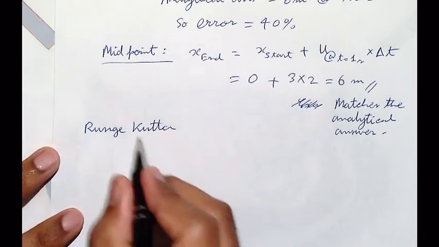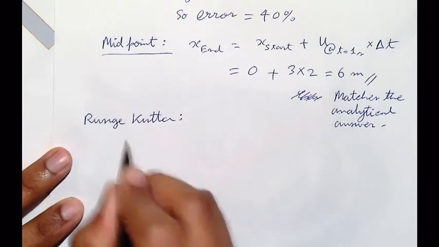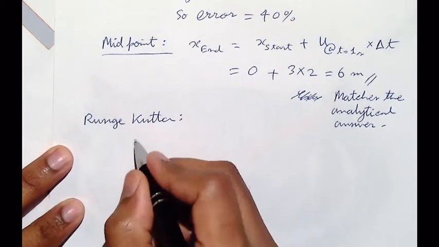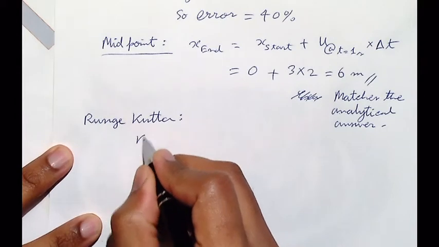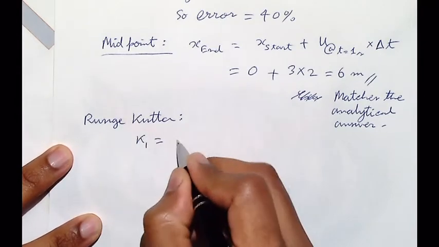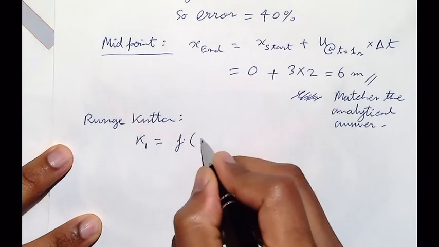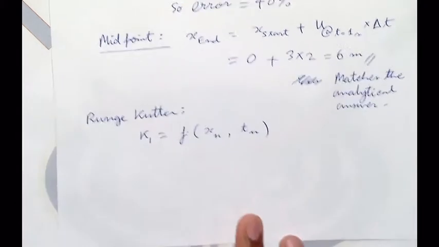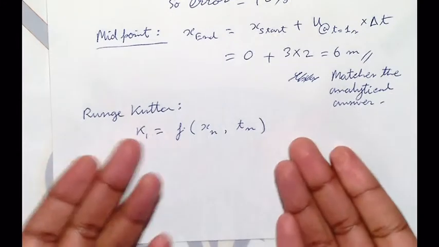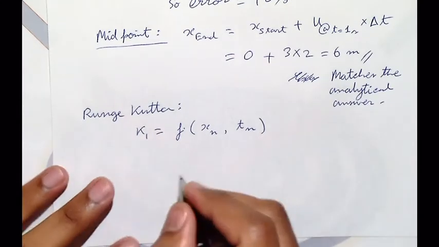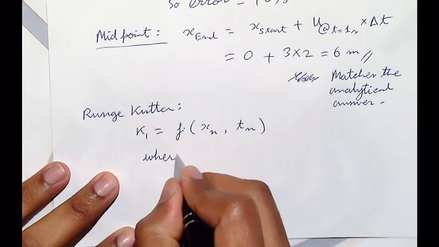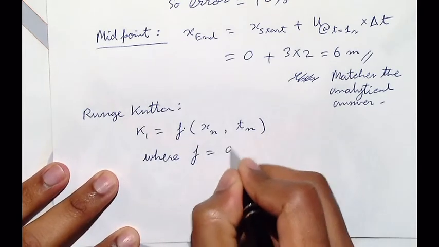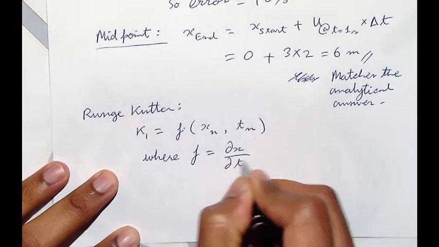So what's the formulation of this? Say K1 is f of xn, tn. This is my derivatives part, where f is del x by del t, right?